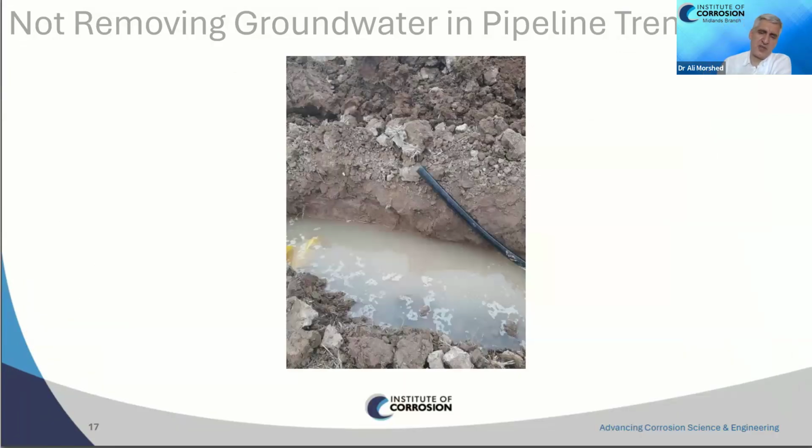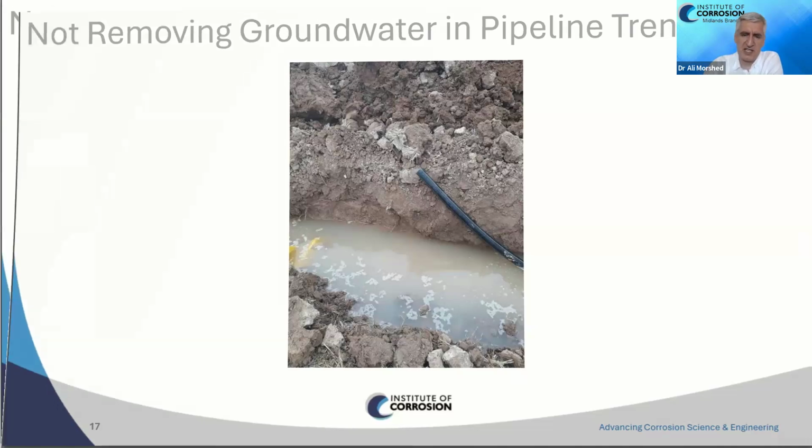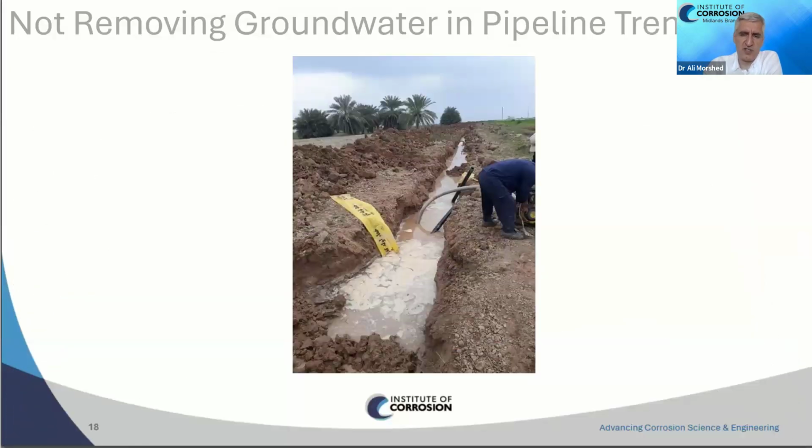Here is another picture of a trench taken by the operator when they paid a surprise visit to the contractor's working site. As you can see, the trench is full of groundwater. It's dirty water. And I don't know whether it was taken during the installation process or the repair and maintenance. But again, the procedures for water removal had not been followed thoroughly.